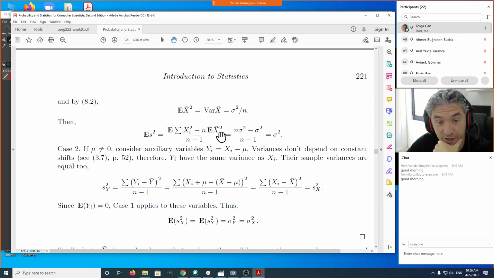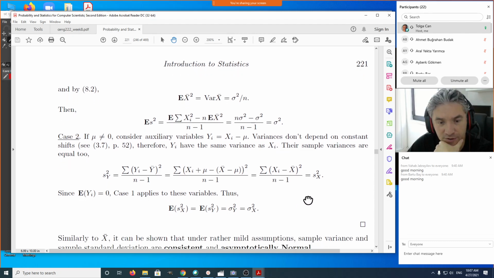And if it's 0 here, in order to get the expected value of s squared, the numerator is going to resolve to n minus 1 times sigma squared. If we divide it by n, you'll see that n minus 1 divided by n is not going to be equal to sigma squared, so we will not be able to get sigma squared directly.